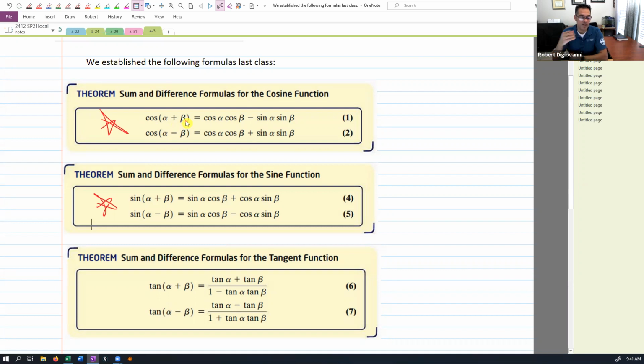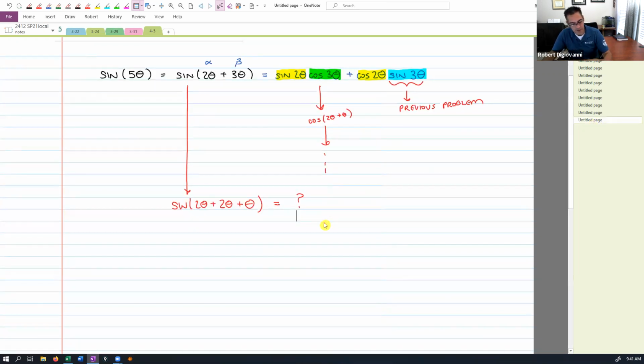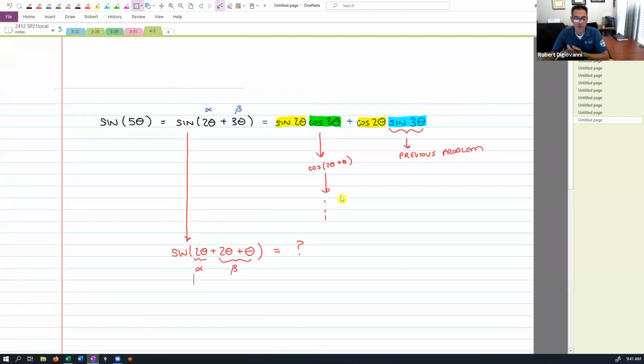So we don't have a sum formula with 3 things being added inside. So there's no short way to get to it. We still would have to only look at it as two things. We would say, okay, we can look at this as our beta and this as our alpha, and then do our formula. But you would wind up doing the same thing you're doing here. Does that answer your question?